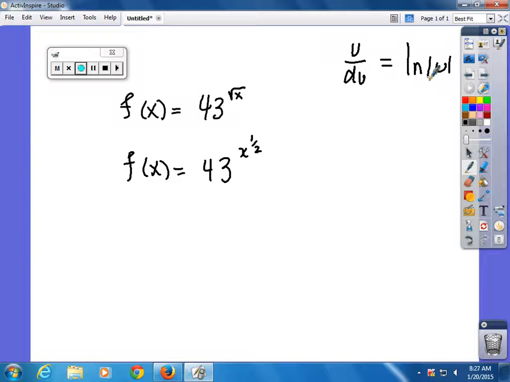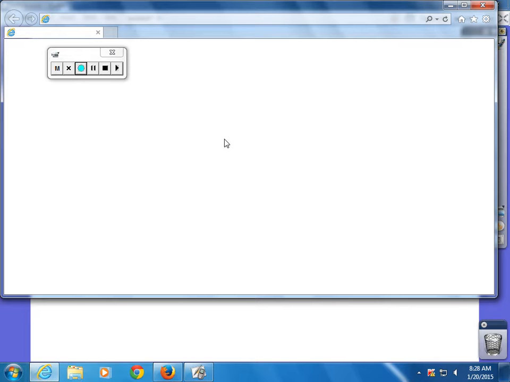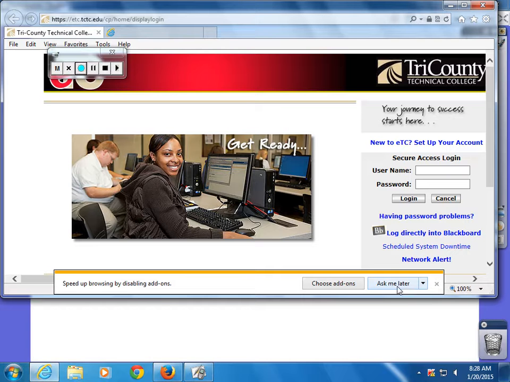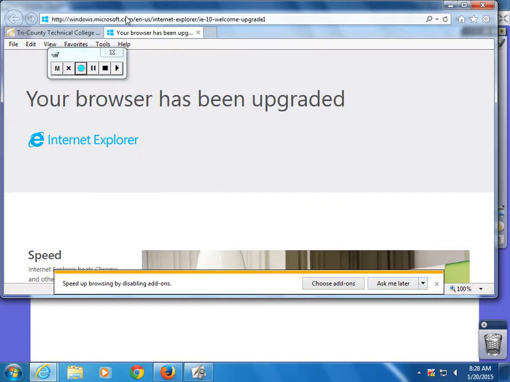Let's look at it because some of y'all are going, I'll just pull it up because I can't find y'all on dadgum WebAssign. So I'll just pull it up.